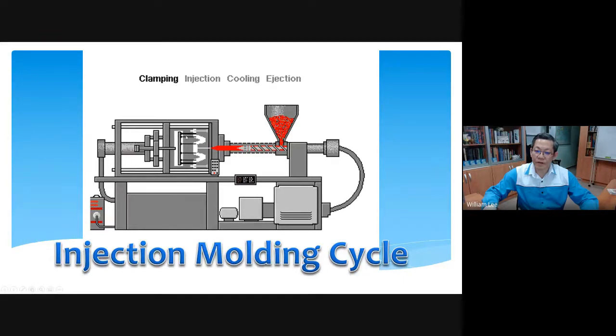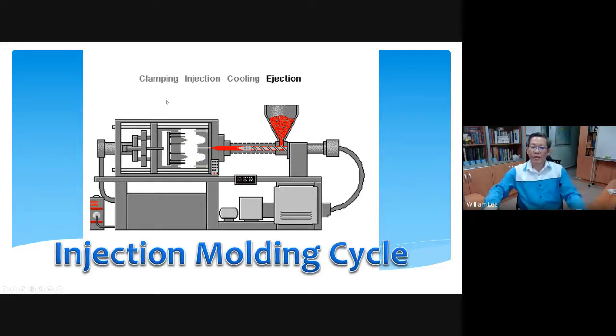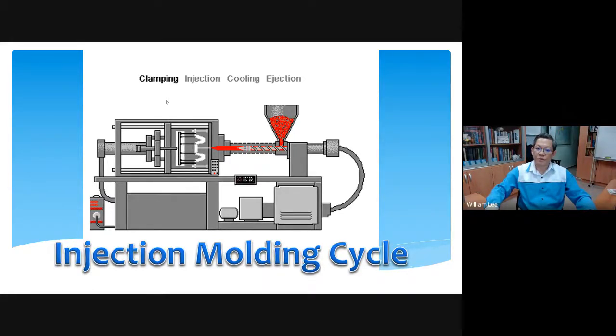The 2 mold halves approach each other, and during the injection phase the plastic is pumped in to fill up the cavity. Then the mold is under cooling. After that, the parts are removed by opening the mold. I will explain each of these 4 phases of the injection molding process.